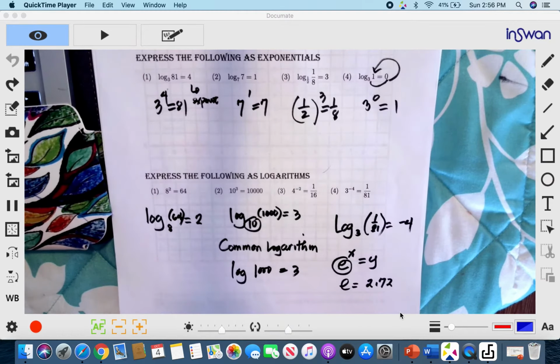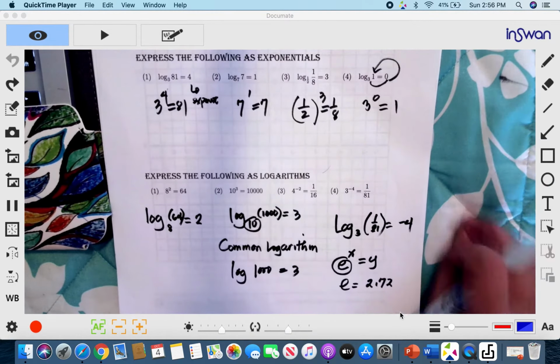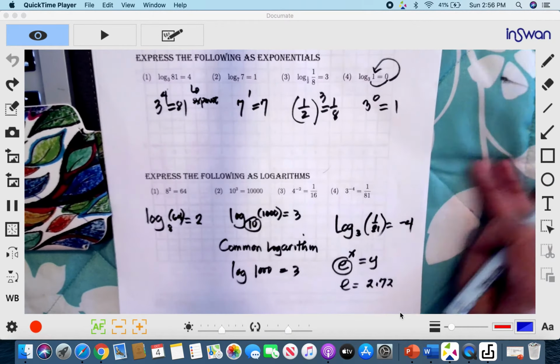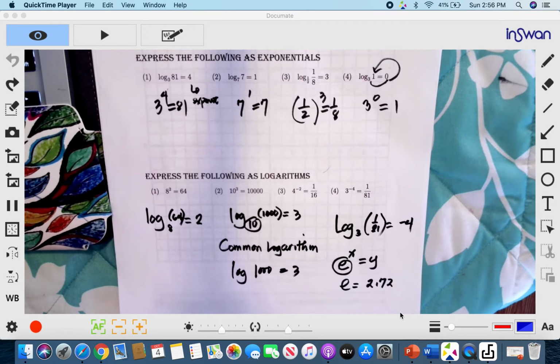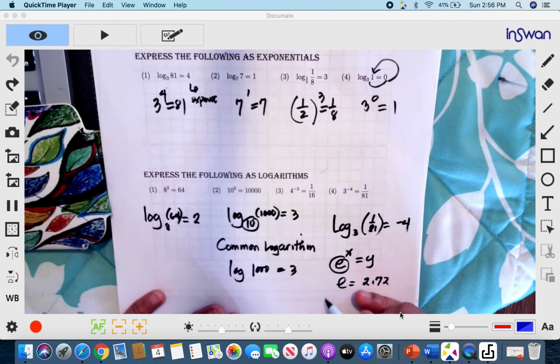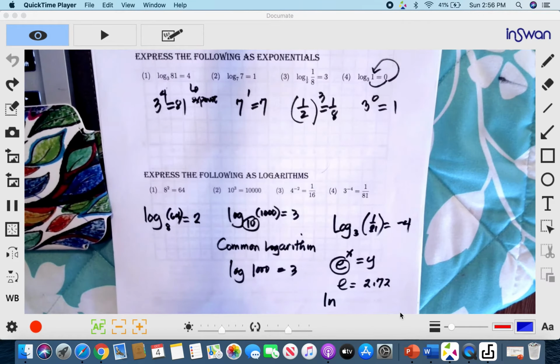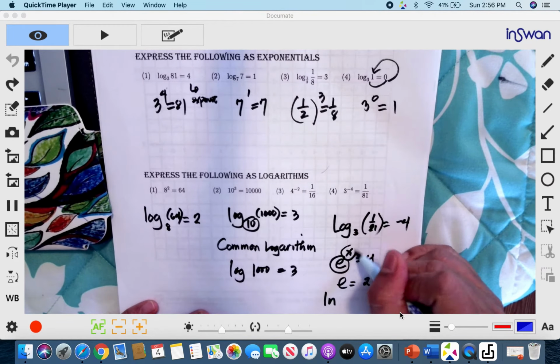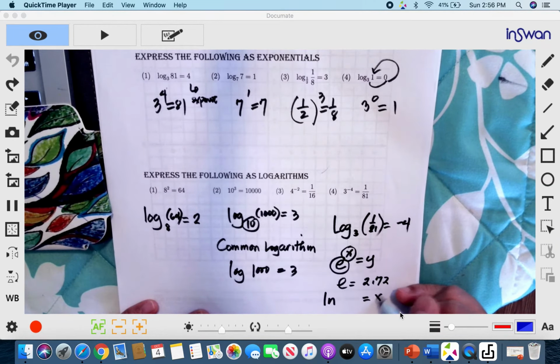When you don't even know that it's there, like there's a dirt in a certain shirt, and you just let it be, it's going to compound by itself in the near future without you even noticing it. And in math, that value is equivalent to e, which is approximately equal to 2.72. So we write it as ln, and it's understood that this is base e, and remember the exponent is x, so therefore this is equal to x.